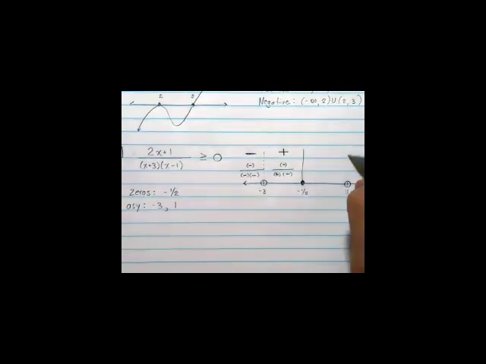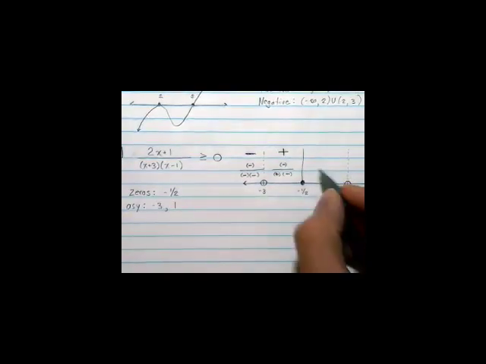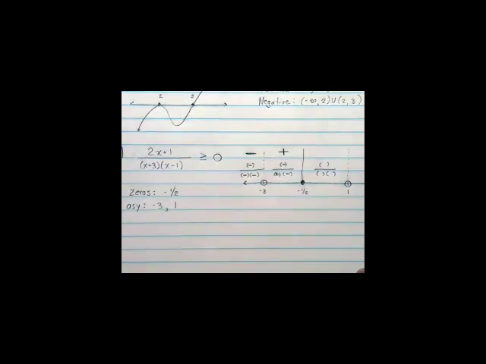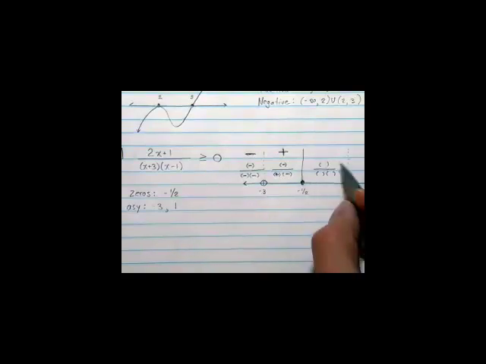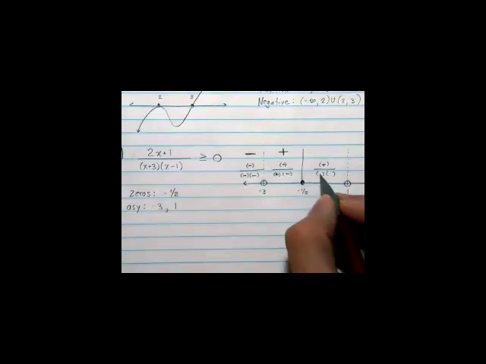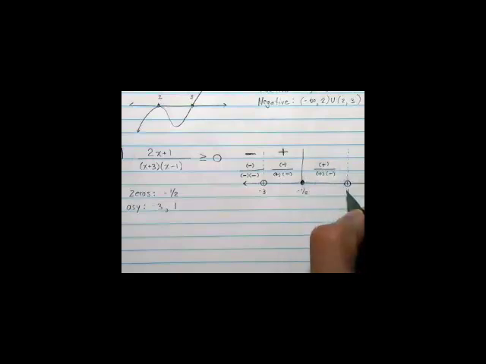All right, and then the next interval, maybe choose a 0. So in this one, we've got what on top? Now that's positive. Underneath, positive and negative. So this interval is what? Negative.